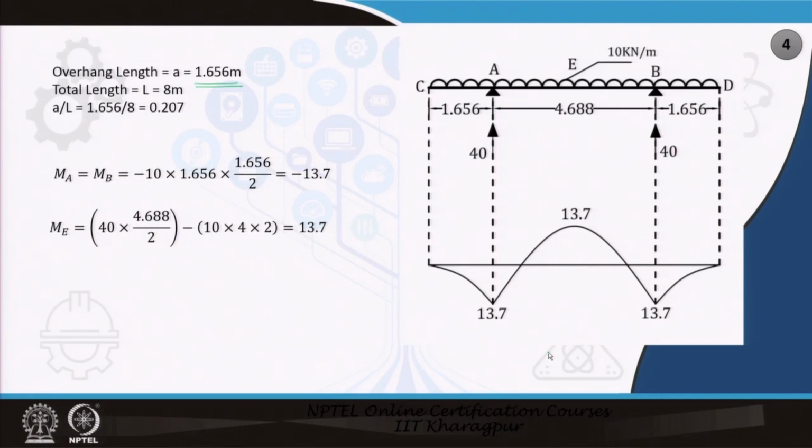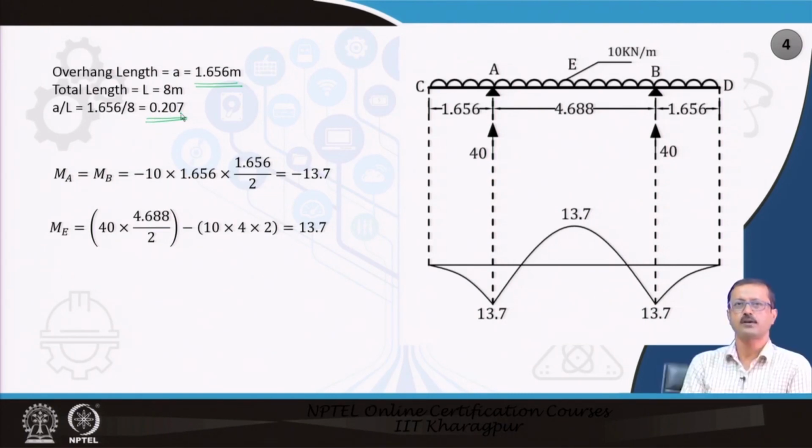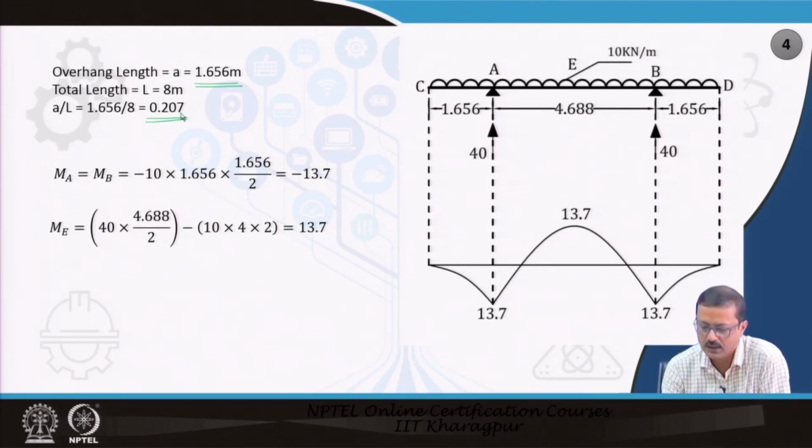Now, if A is 1.656 meter, and the total length remains the same 8 meter, then A by L is 0.207, and 0.207 is less than 0.25. Less than 0.25 means there will be some positive bending moment at the center, and if you compute the reactions, they will be 40, there is no change.